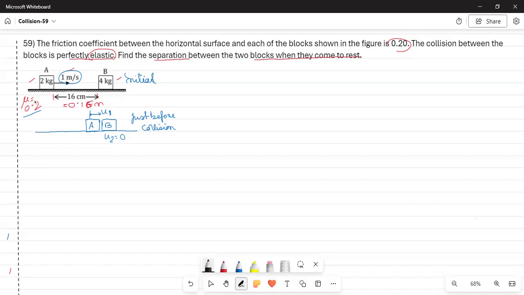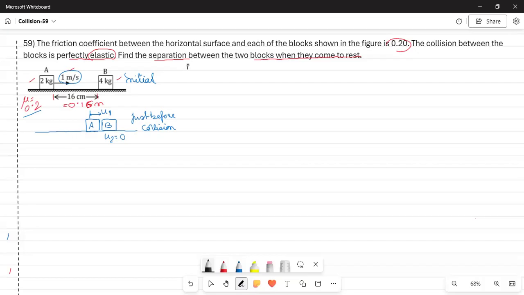Since the frictional coefficient is given, we can find the frictional force. Initial velocity is given, 1 meter per second. So we can always find what will be its velocity when it moves 16 centimeters. So what is the frictional force?